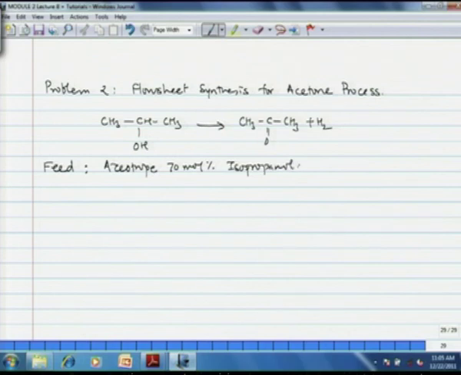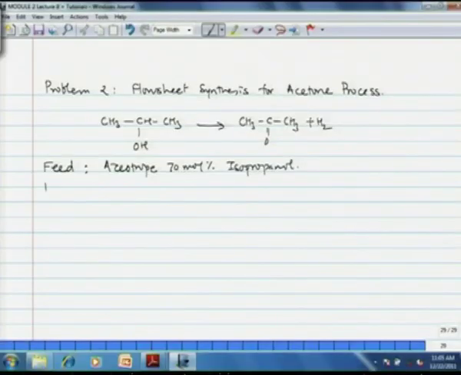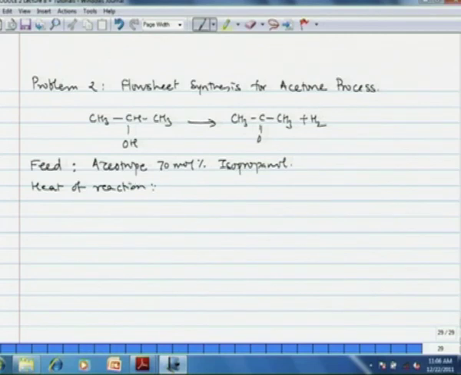The reaction takes place in a CSTR, where the heat is supplied for the reaction. Since this is a decomposition reaction, it is an endothermic reaction, and the heat of reaction is plus 25,800 BTU per mole.